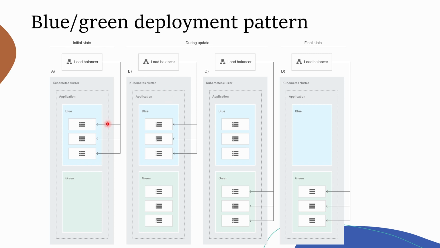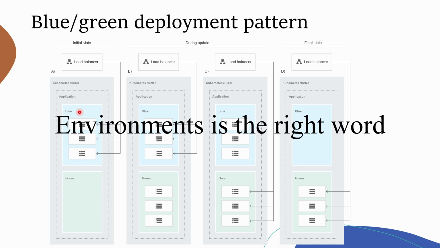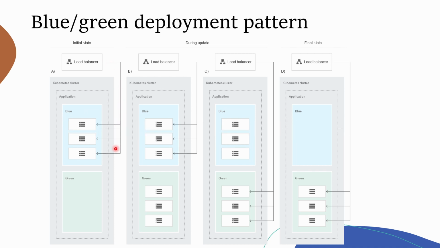What we do here is basically you have two sets of deployments. Currently the users are talking to a blue set of instances, meaning you maintain two different infrastructures for your application. The current set of users, or the live traffic, is being served by the blue. Now let's say you want to install a new version, v1 or v2.